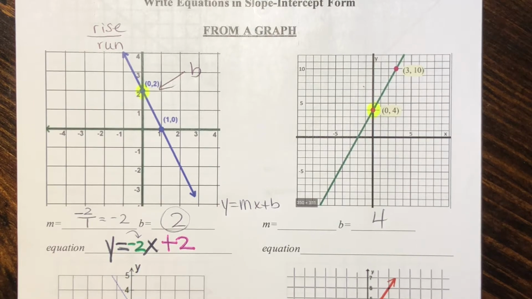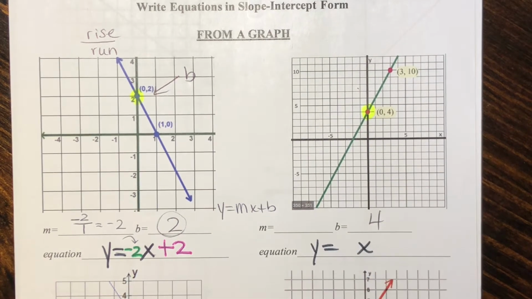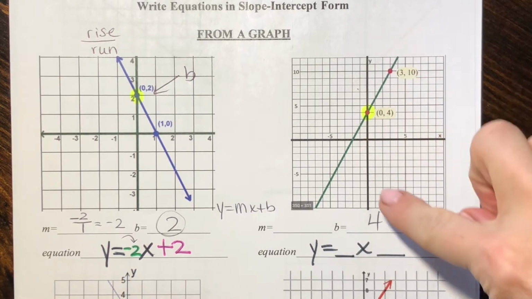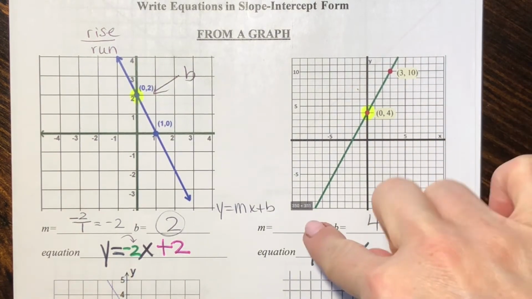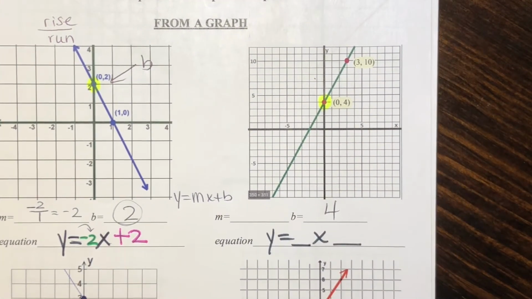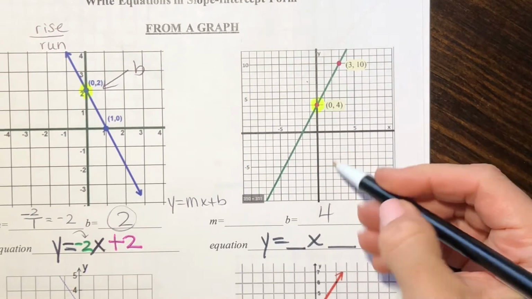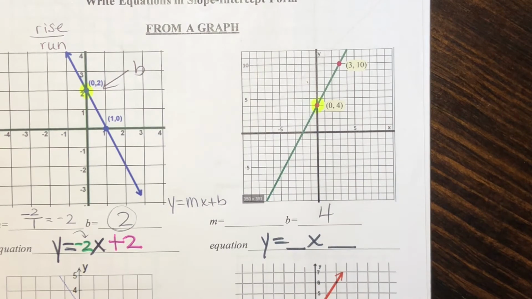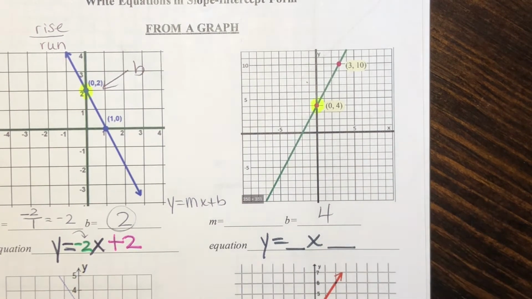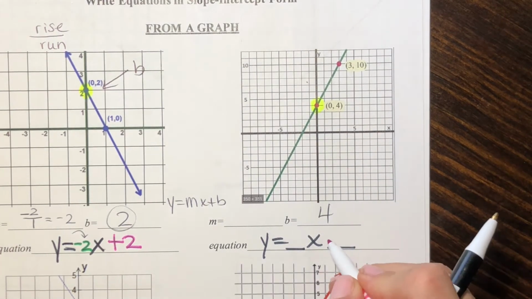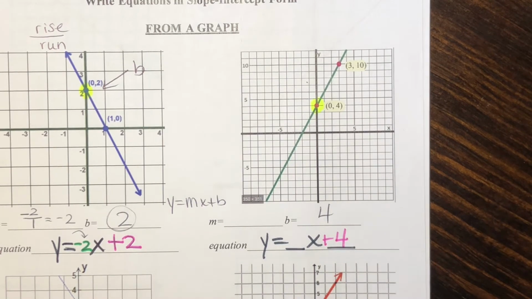So let's take a look at this, keeping in mind that most of my equations are gonna be y equals something x plus or minus something, and we really just need to pull both of those pieces of information off and put them here so that we can fill them into our equation. So let's do that for this one. I'm starting at this point, which is +4, which I know right away, so I can just write the +4 right here.